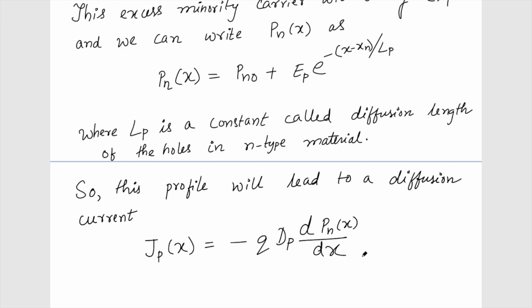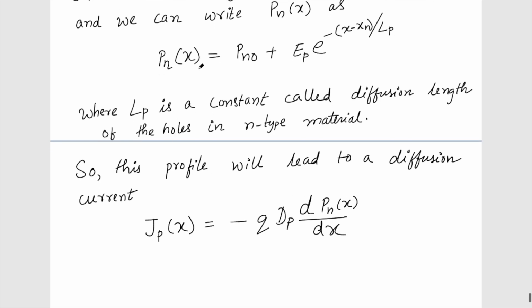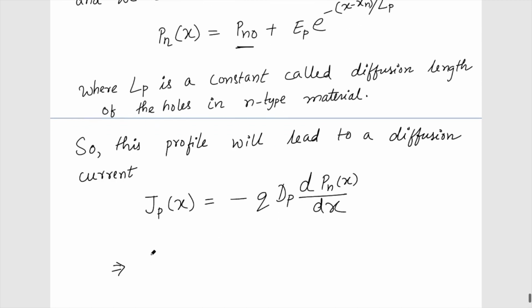If I differentiate this with respect to x, this term will become 0, and of course this is also not dependent on x, so I can just differentiate this term. The minus 1 by LP will come in front, which implies Jpx will be minus q Dp Ep by LP, and the minus minus will get cancelled, so I can remove this negative term.